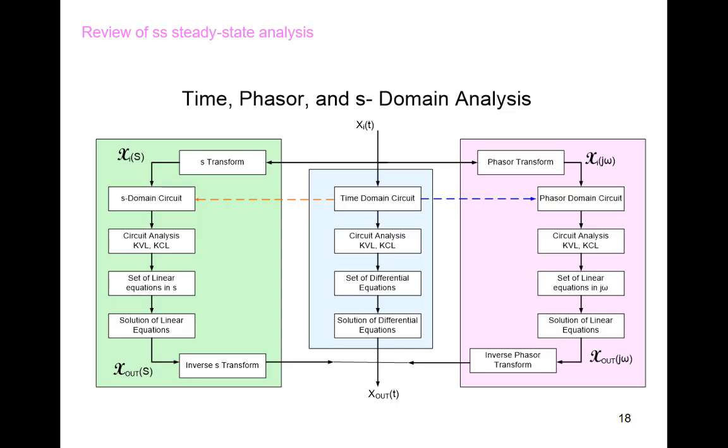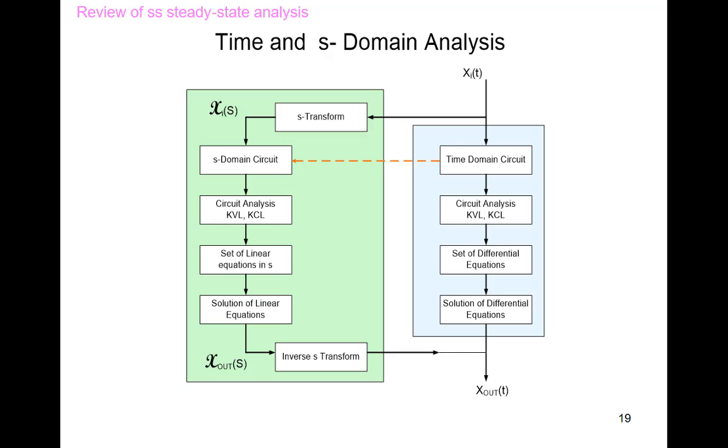And then we can do the inverse S transform, or the inverse Laplace transform, and get x out of t. Did you guys do this in 201 also? 230. 230 more. Okay. So I'm going to stay in the S domain instead of the phasor domain. They're really exactly the same analysis.